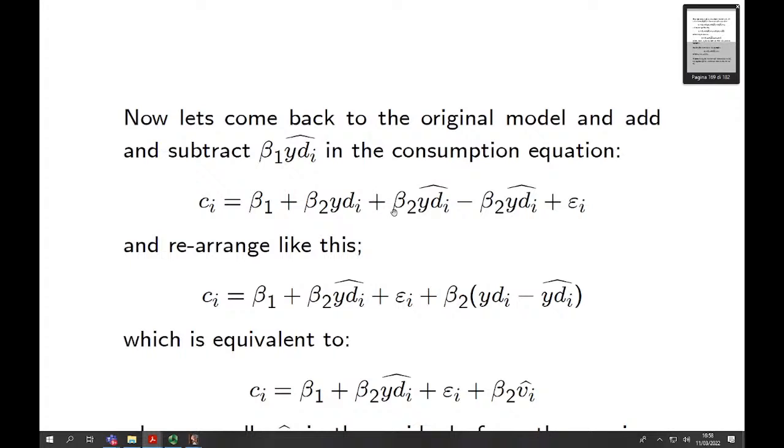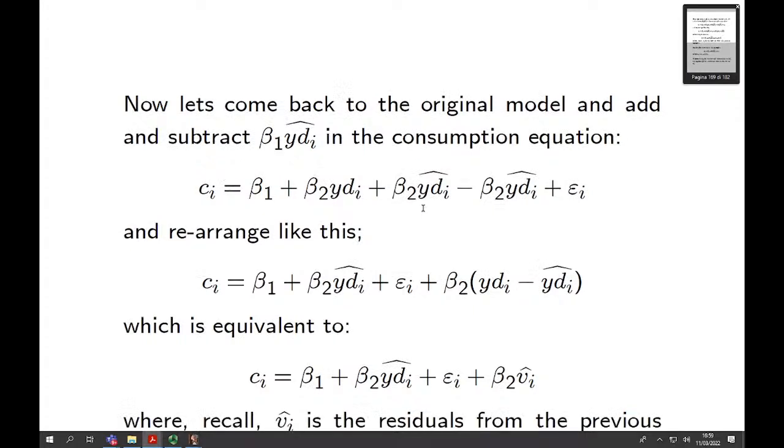You see, I'm not changing the model. This is just a reparameterization. I'm writing the model in a different way. But I'm not changing the model because I have added and subtracted the same object on the right-hand side. Okay? Algebra allows me to do that.